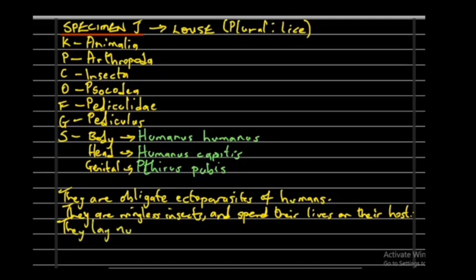They lay numerous eggs on the hair and clothing of their hosts. Since they are wingless, they cannot fly, and so they spread by direct contact with another person.